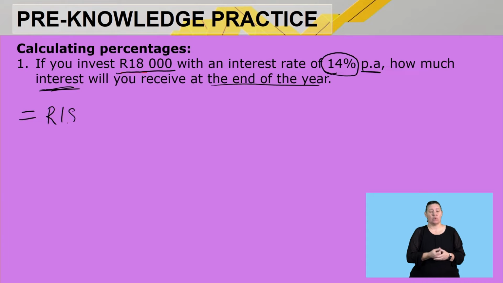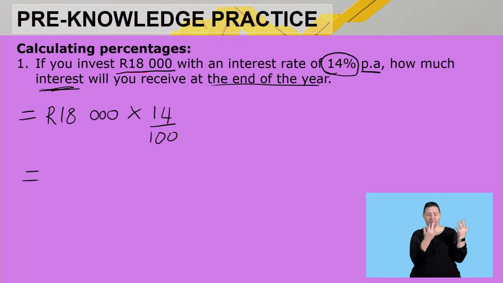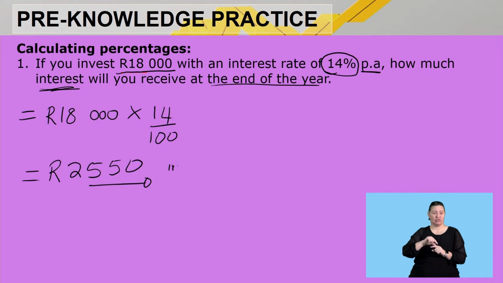We are given that we are investing a total amount of 18,000 at an interest rate of 14%. So 14% can also be written as 14 over 100. Working that out on your calculator, we are going to accumulate 2,550. So this is the interest that will be accumulated at the end of this investment.